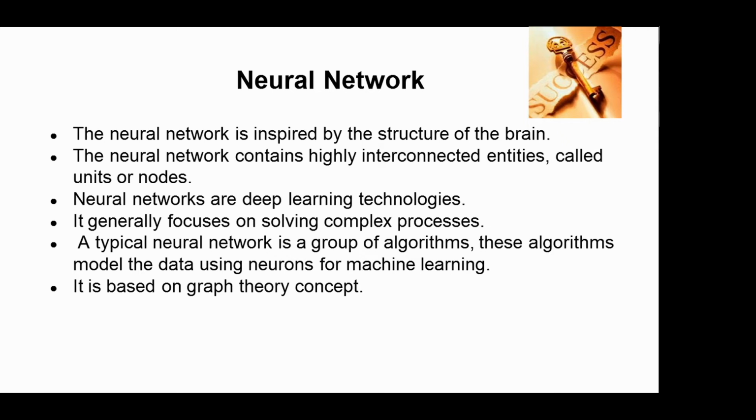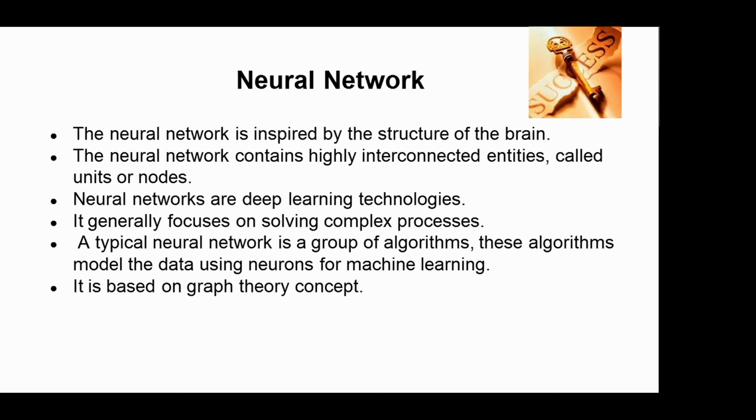So neurons are connected in the human brain. Neurons are evolved from the human brain, based on the graph theory concept. You can see in this slide that a neural network is inspired by the structure of the brain, and these are interconnected with each other, and we can say that these are nodes.